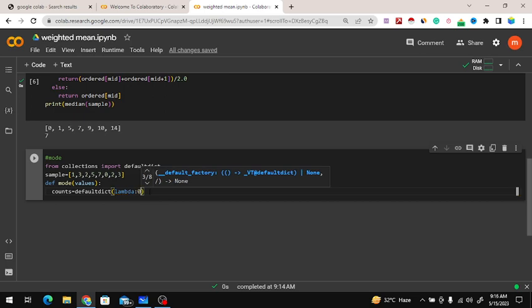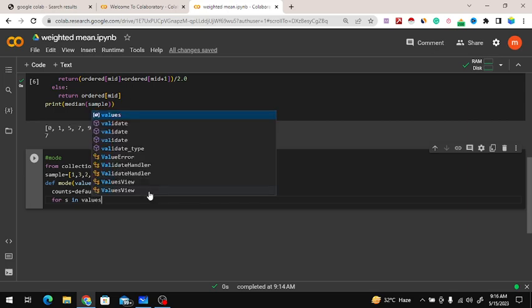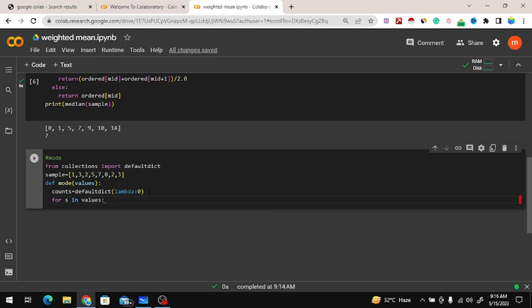And then we will use a for loop. It's for v in values, counts of v plus equal to 1.